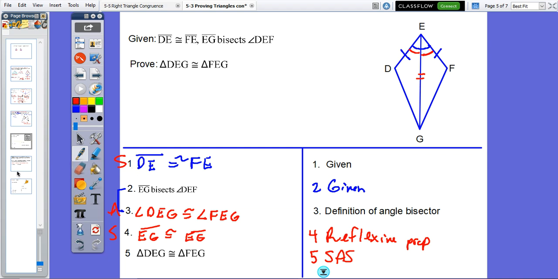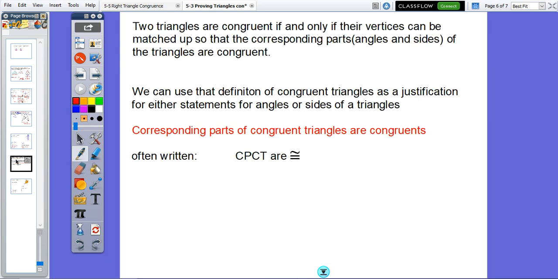Now I have one more thing to cover. We already looked at this in the last section, saying that once we know two triangles are congruent, then we can say that all other parts are also congruent. So back in 5.2, we had to show all 6 parts were congruent.